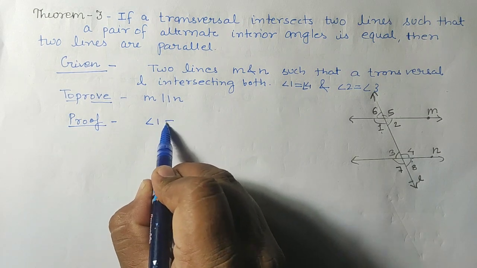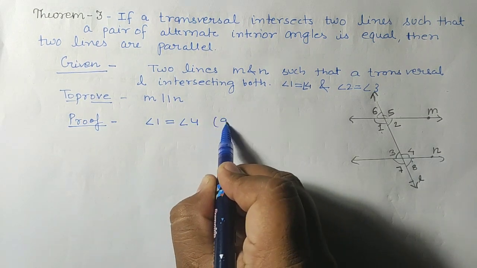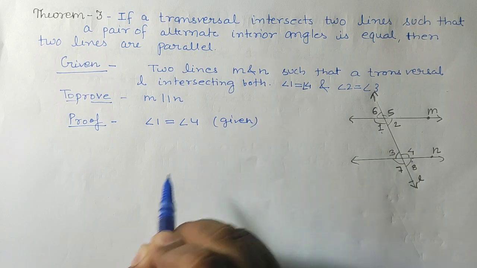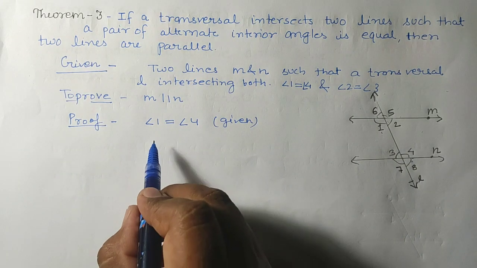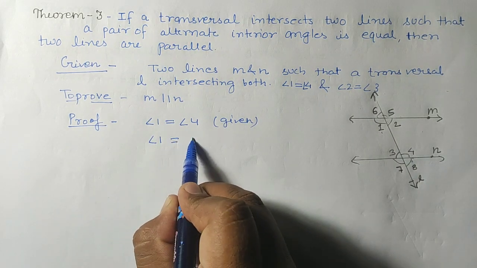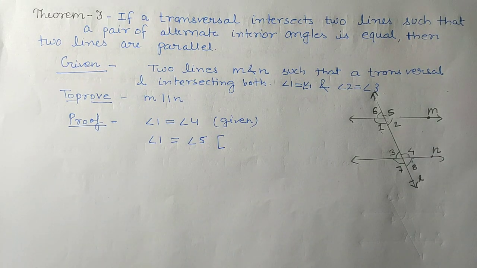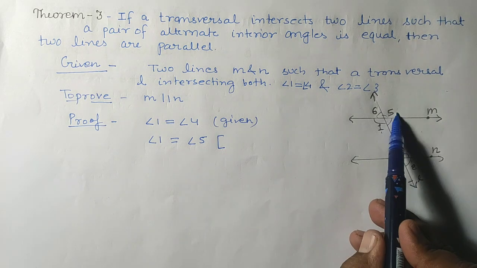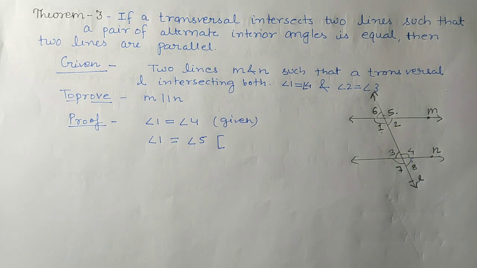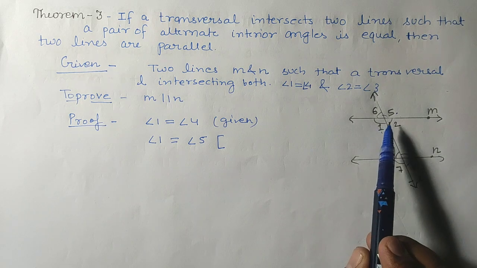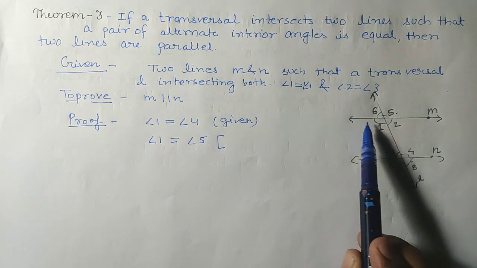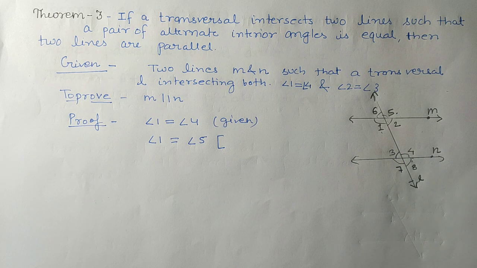It is given that angle 1 is equal to angle 4, and we know that angle 1 is equal to angle 5. Tell me the reason why angle 1 is equal to angle 5. Because angle 1 and angle 5 are vertically opposite angles. This is very important, you have to remember each fact that I have told you previously.